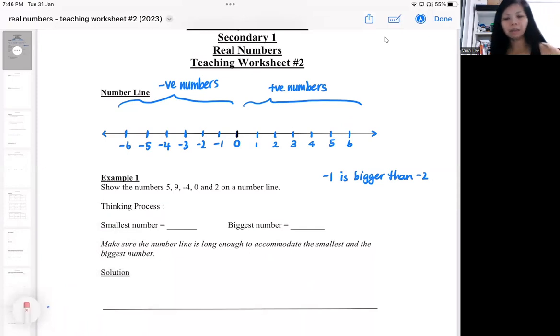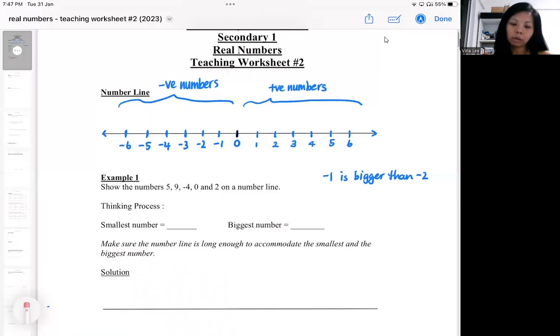You can think of negative as insufficient, not enough, or that you owe somebody. For example, you can think of -4 as you lack $4. So when minus is something that is lacking, later on we'll use this for some of the operations.